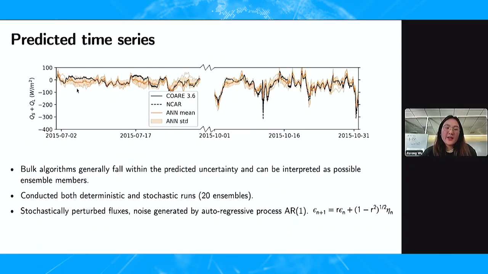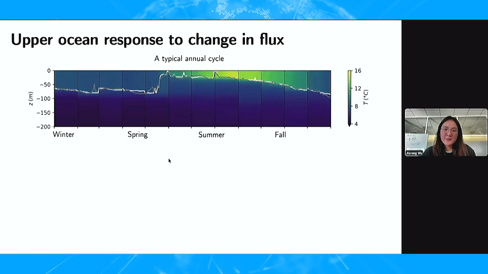And the other thing we wanted to point out is that it seems like the bulk algorithm predicted fluxes, the black ones, generally fall within the envelope predicted by the neural network. So in some sense, we could interpret them as possible ensemble members in this stochastic setting.